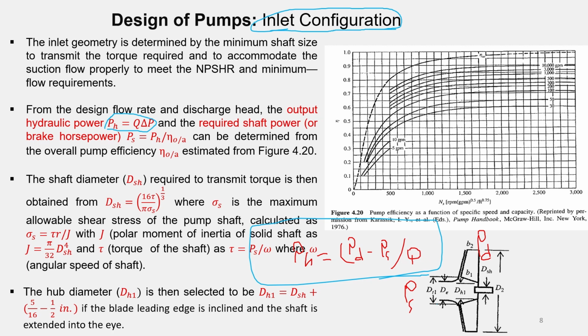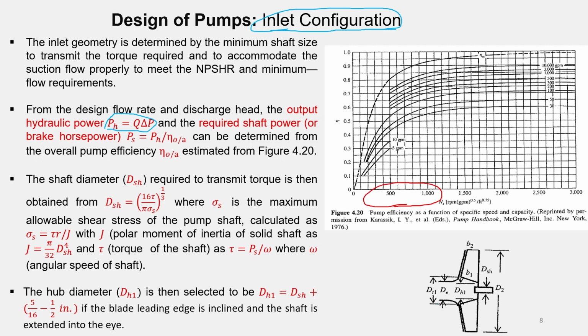The overall efficiency can be found from this figure. You should have calculated your specific speed, and you know how much flow rate you have, so you can get the efficiency right away.